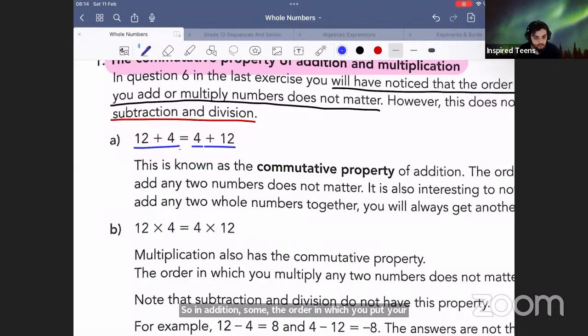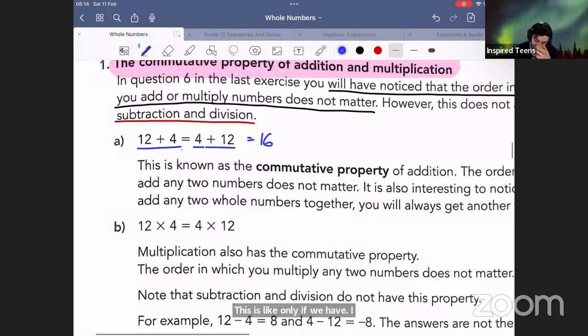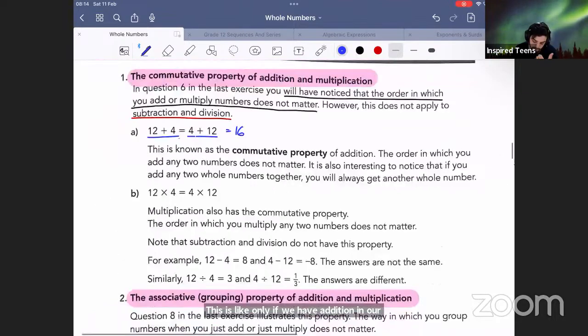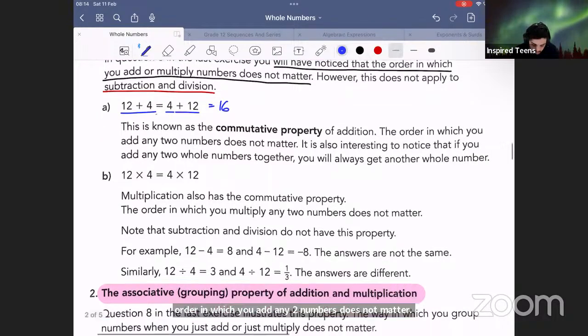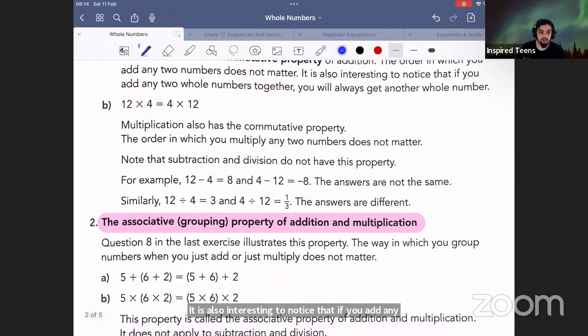You could say 12 plus 4 or 4 plus 12, you're still going to get the answer of 16, irrespective of the order. This is known as the commutative property of addition. The order in which you add any two numbers does not matter. It is also interesting to notice that if you add any two whole numbers together, you'll always get another whole number.